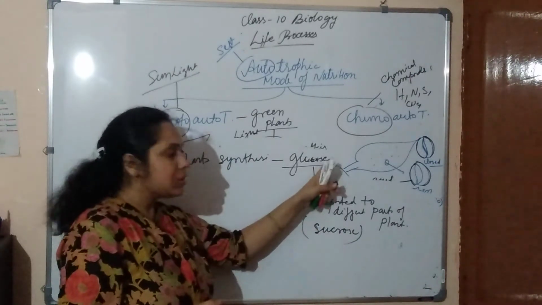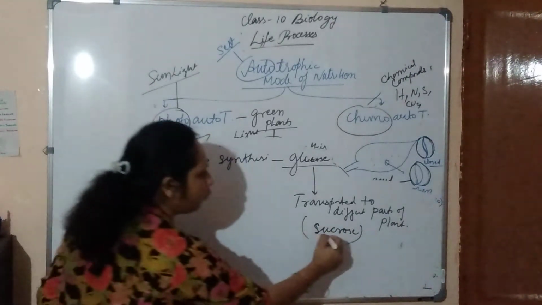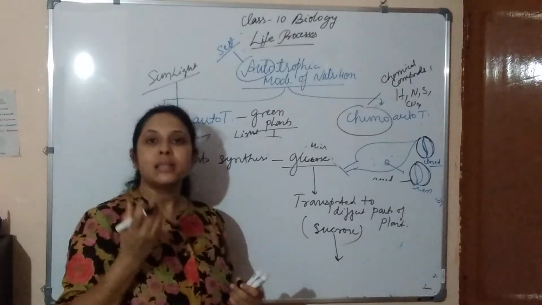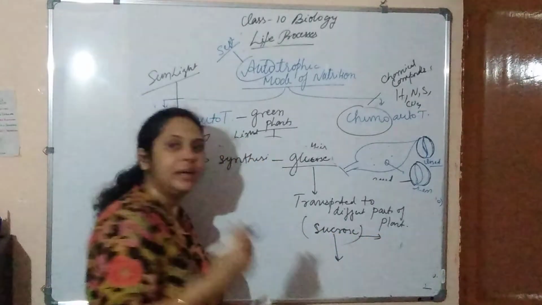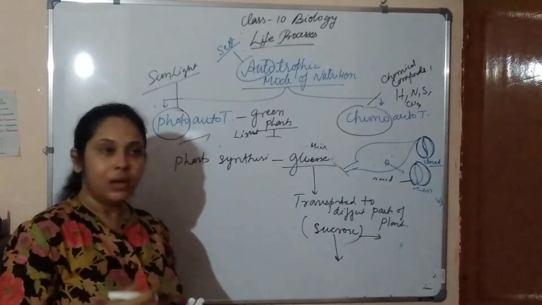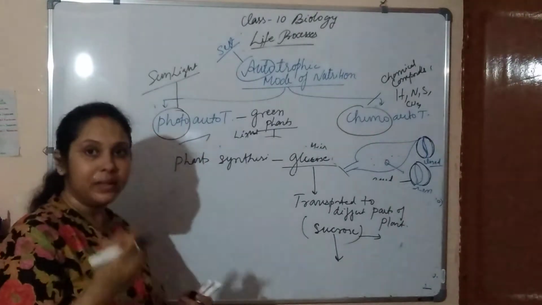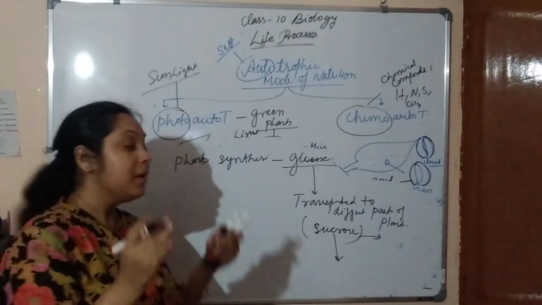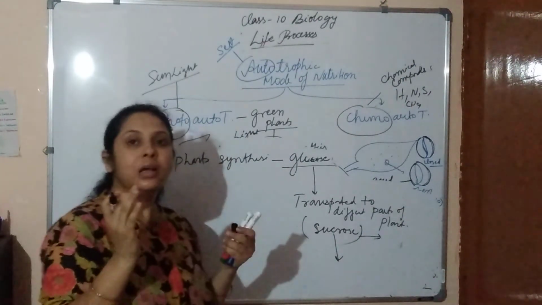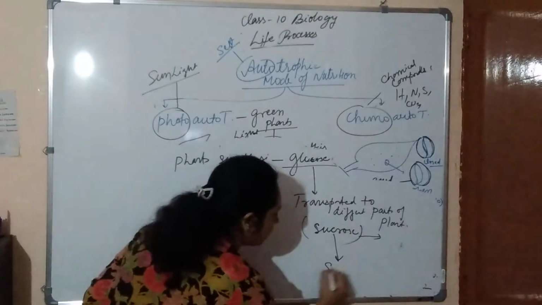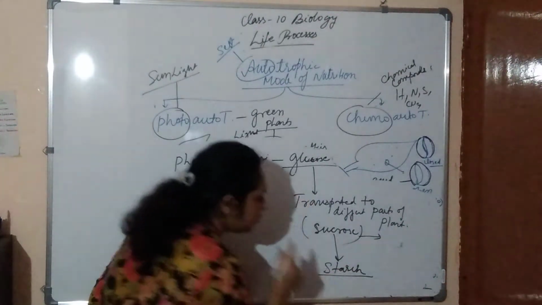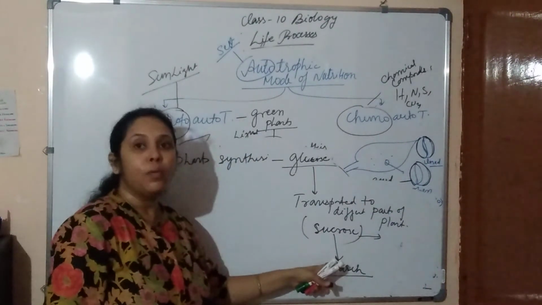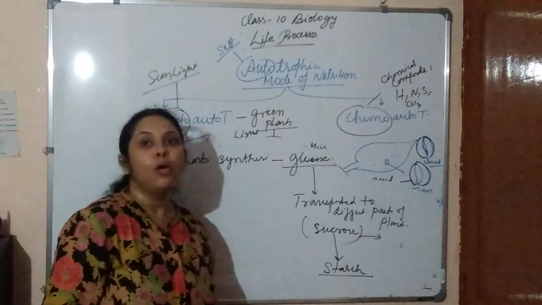So basically glucose is converted into sucrose, and then from sucrose, whatever the cells require, they take that and utilize that particular food for their own activity, and whatever organic matter is left, they store in the form of starch. So we know that glucose is transferred in the form of sucrose and stored in the form of starch.